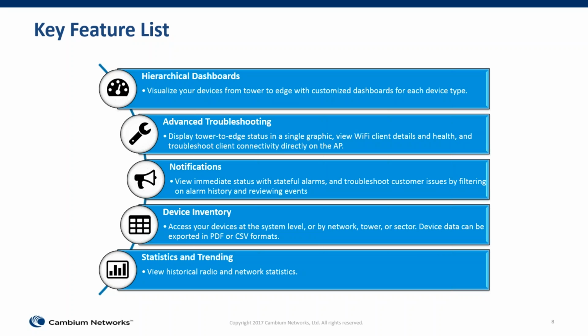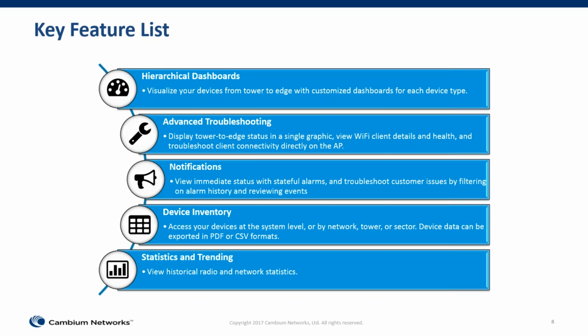We have the notification functions. You will be able to see the alarms and the events from the notifications, so it's easier for people to get early notification, and we're also adding rule-based alarms.